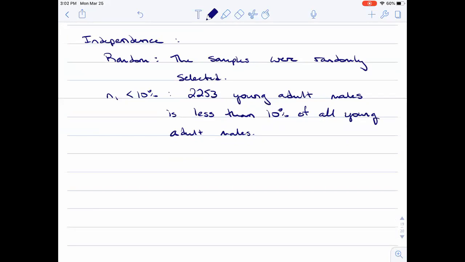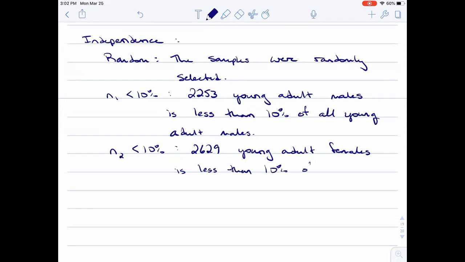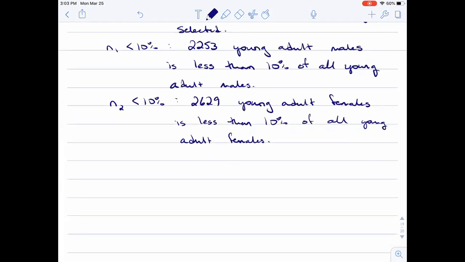We have to check that n2 is less than 10%. So 2629 young adult females is less than 10% of all young adult females. Wordy, but not hard.